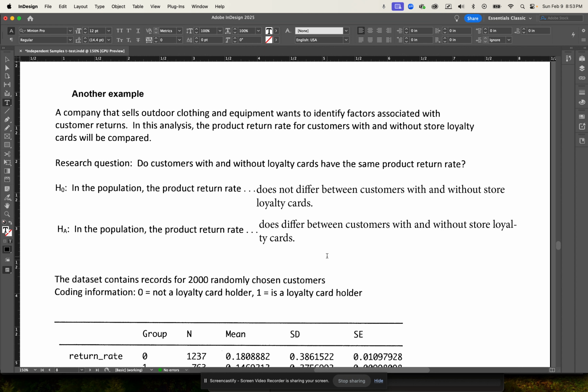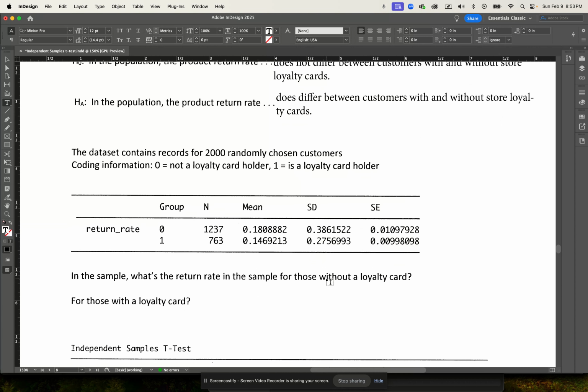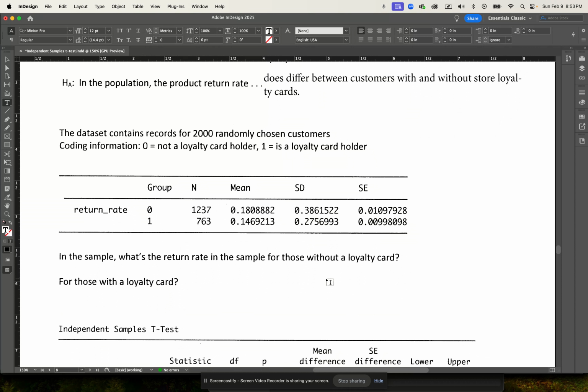And then here is our output from 2,000 randomly chosen customers. Group 0 would be not a loyalty card holder. 1 is a loyalty card holder. So we have our sample size, our mean, and standard deviation. So in the sample, what's the return rate for those without a loyalty card?